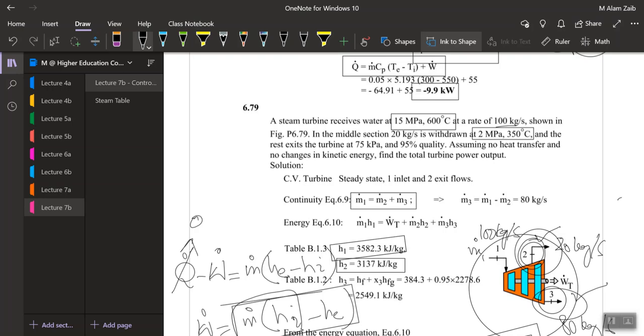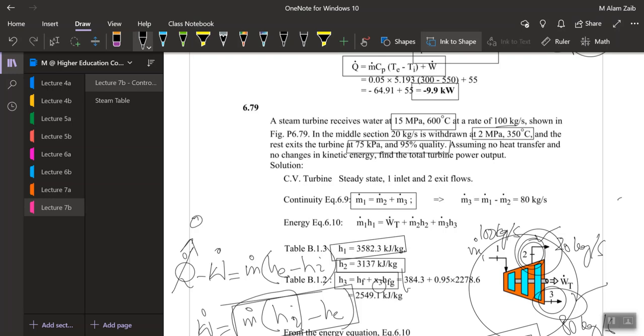At state 3 we have been given pressure and quality. So at 75 kilopascal, or 0.075 megapascal, find the enthalpies hf and hg, and use the equation h3 equals hf plus x hfg, where x is the 95% quality.